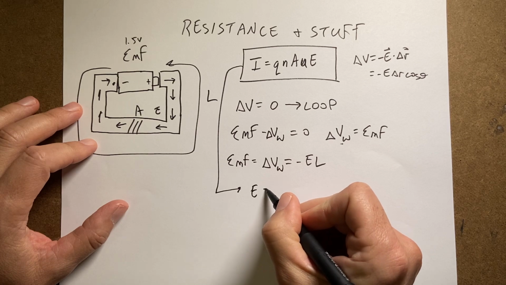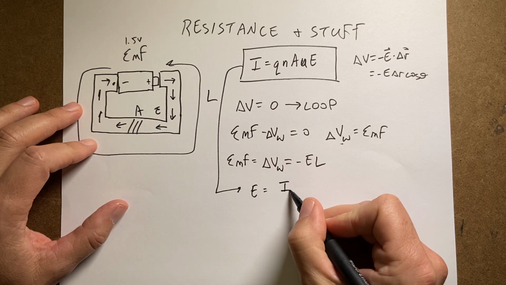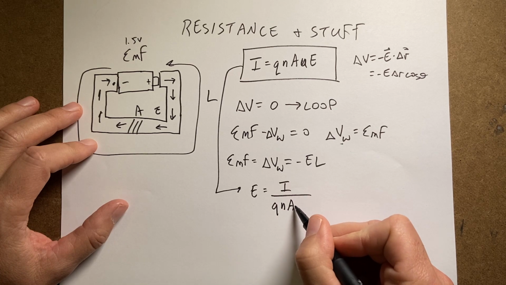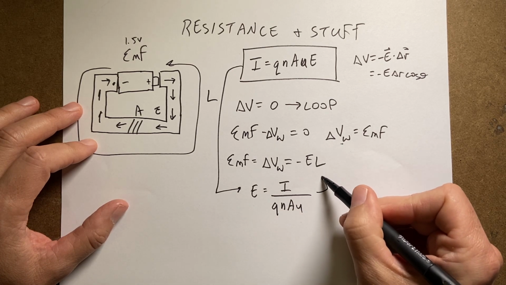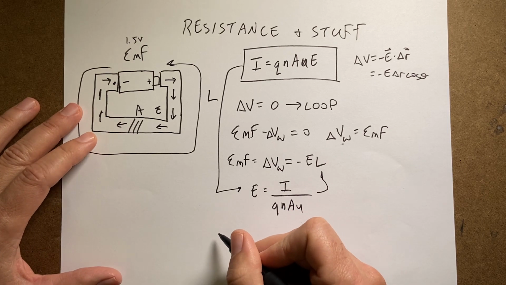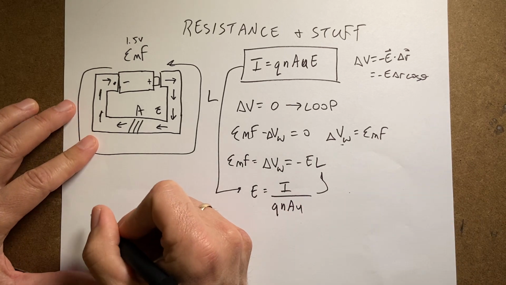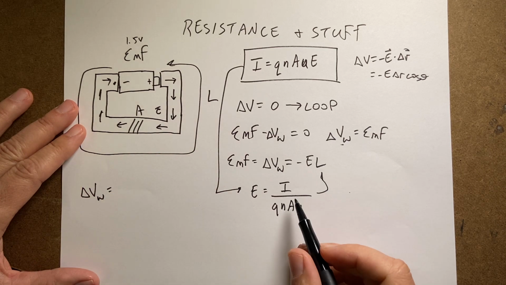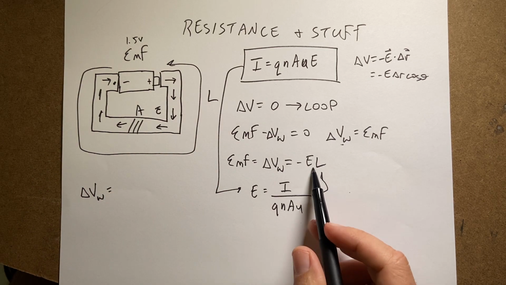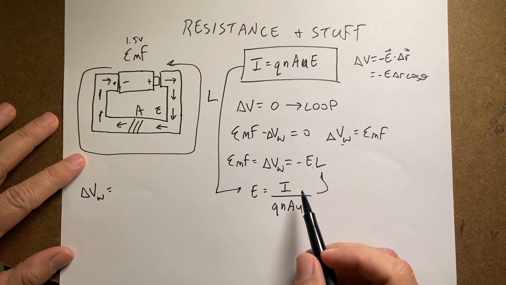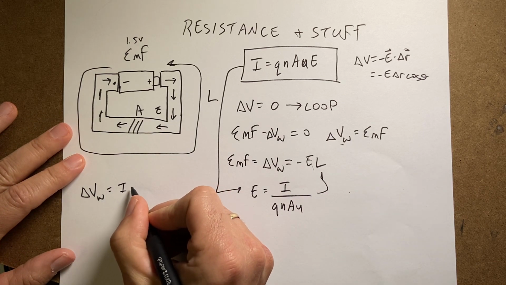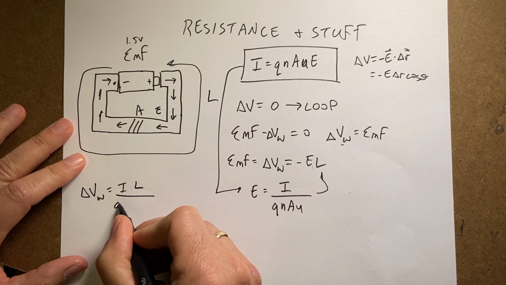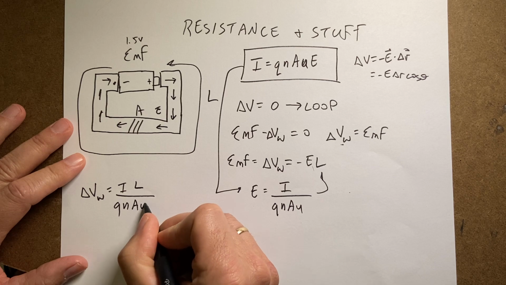So if I solve this for E, I get I over q n A u. And if I plug that in up here, I'll write it over here, delta V wire equals, let's just look at the magnitude for right now, so don't worry about the sign, I get I L over q n A u.